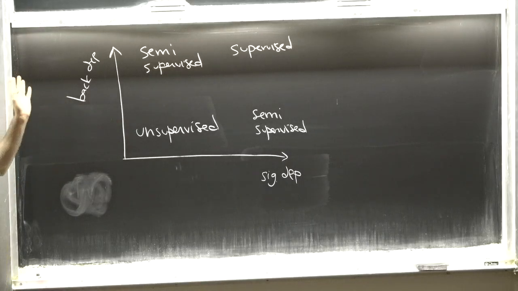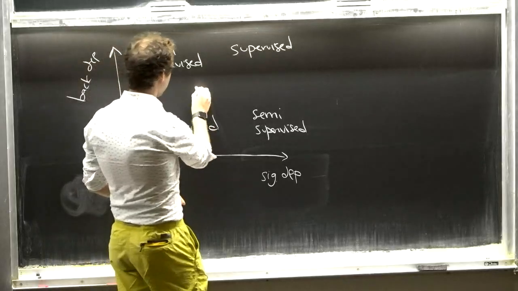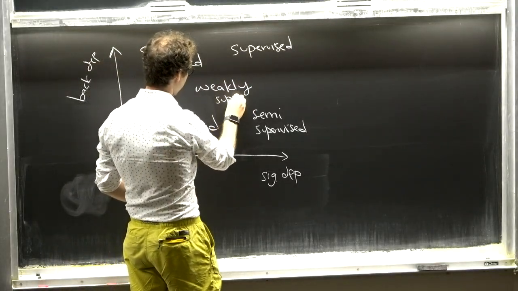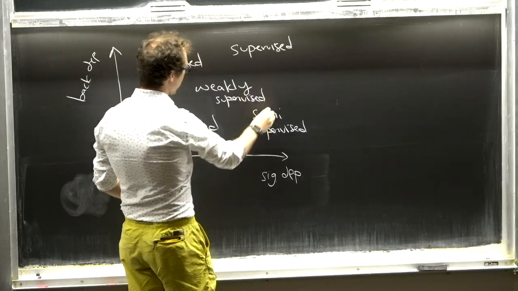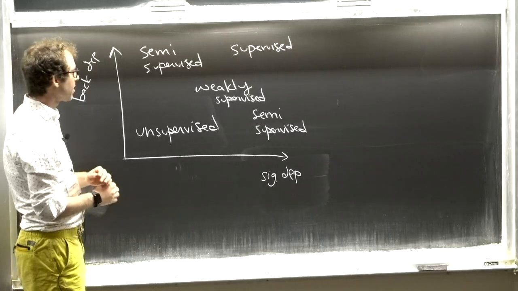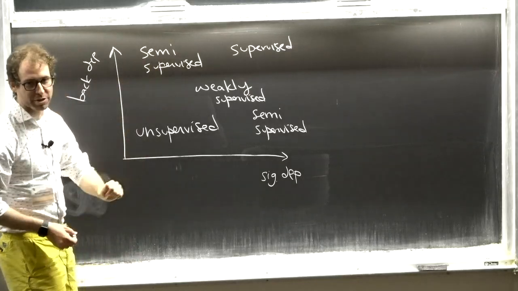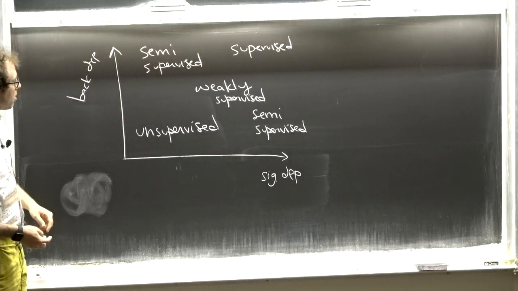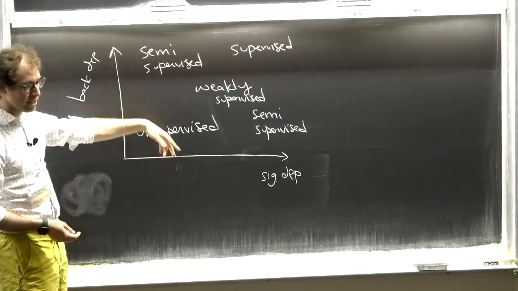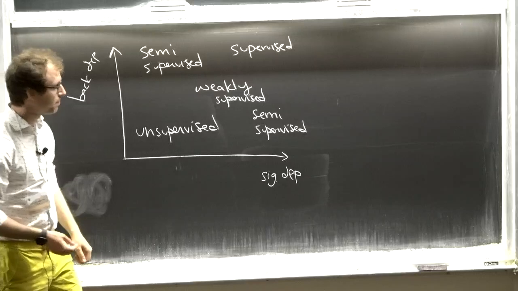And then in the middle, there's a whole set of weakly supervised strategies where I have some labels, but the labels could be noisy. I tell the model signal versus background, but they're not exactly correct. OK. So I'm going to focus basically entirely on the not-fully-supervised approaches. I'm going to talk about unsupervised and weakly and semi-supervised for the rest of the lecture.